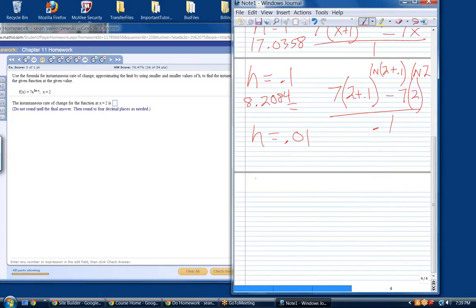So, with h being 0.01, we're going to evaluate 7 times (2 plus 0.01) raised to the natural log of (2 plus 0.01), minus 7 times 2 raised to the natural log of 2, all divided by 0.01.